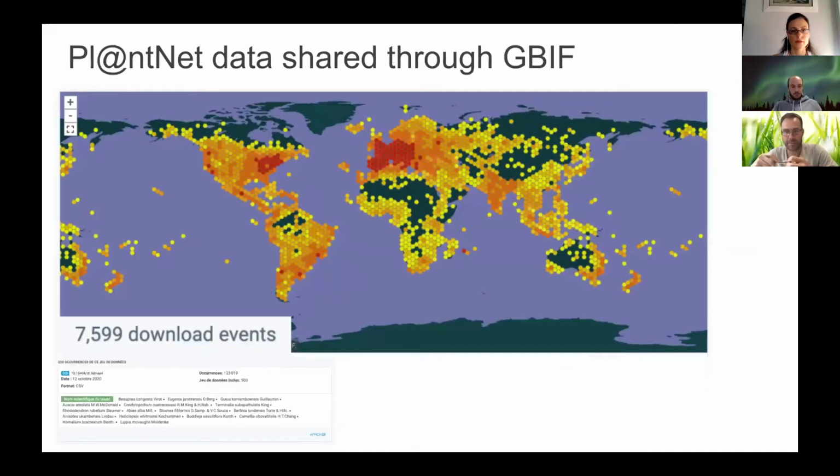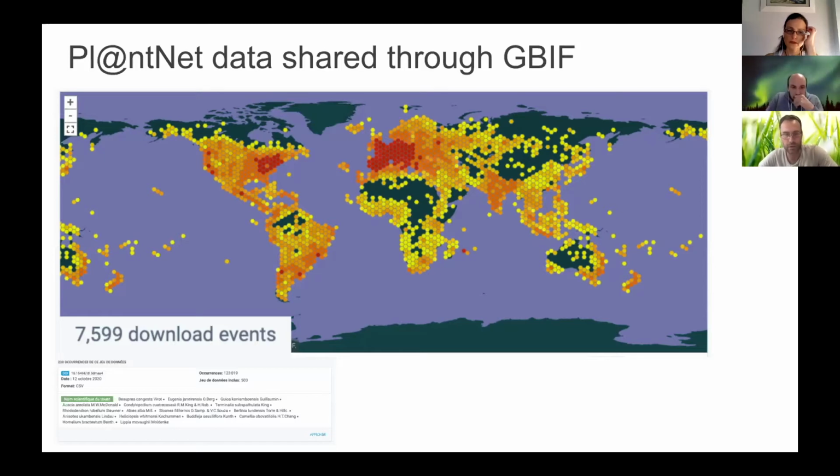And so, as Pierre told you, an important place where this data is shared is this intergovernmental platform, which is GBIF. This is the place where other researchers and scientists will download the data and access this data to do their own research on biodiversity or on ecology or on other topics.